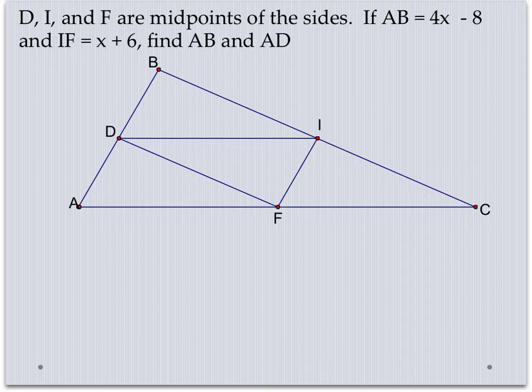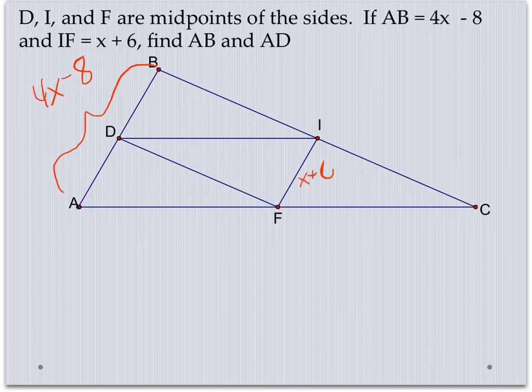For this last example, we again have that D, E, and F are all midpoints of the sides. So these lines that are connecting these are then midsegments. We're given that AB is equal to 4x minus 8. So this side of the larger triangle is 4x minus 8. I'm going to write that down. And IF is equal to x plus 6.